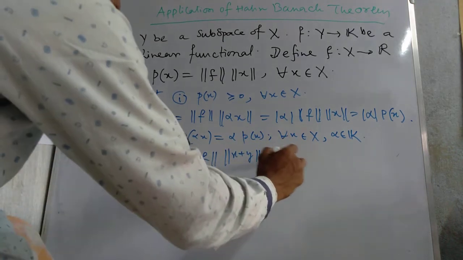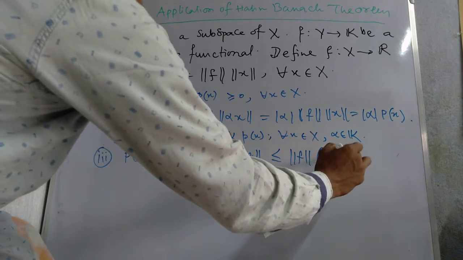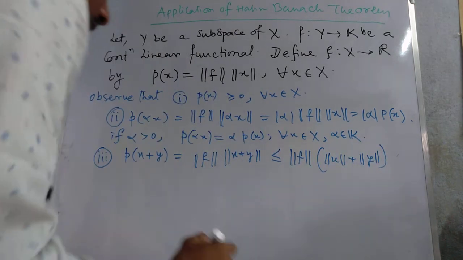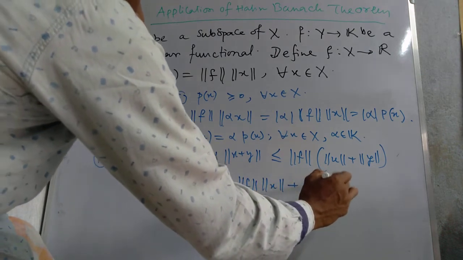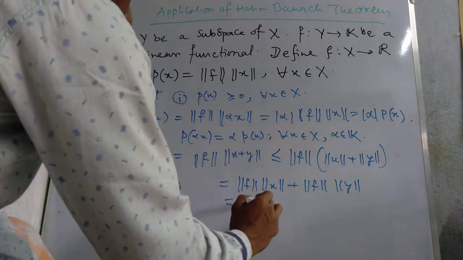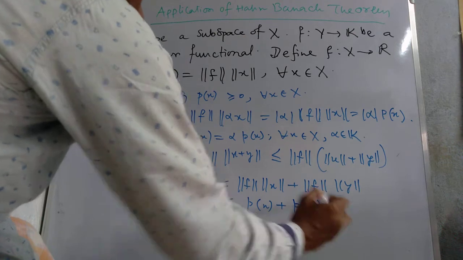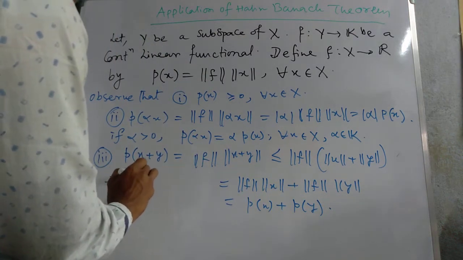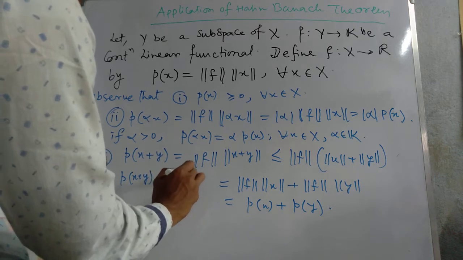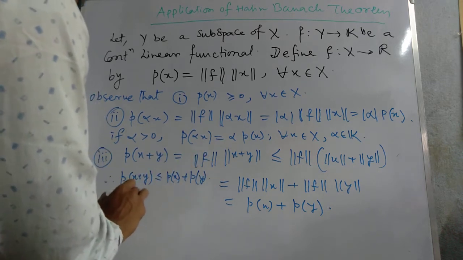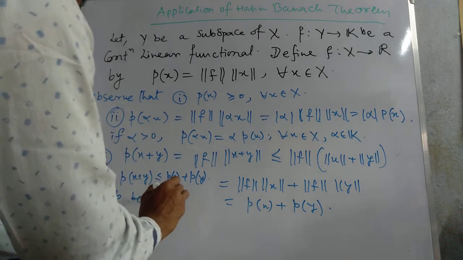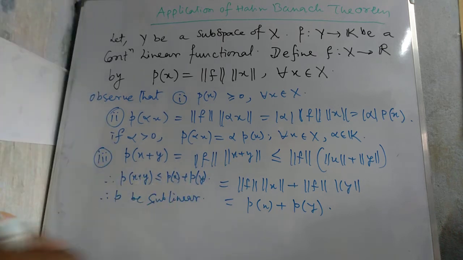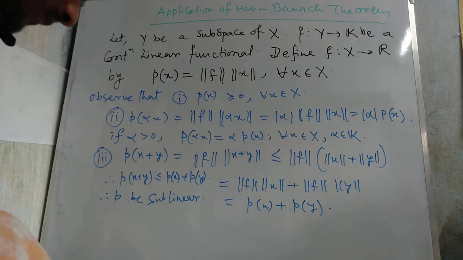Then next, by the triangle inequality, this is less than or equal to norm of f times norm of x plus norm of f times norm of y, which equals p(x) plus p(y). Then we get p(x plus y) less than or equal to p(x) plus p(y). So p is sublinear.